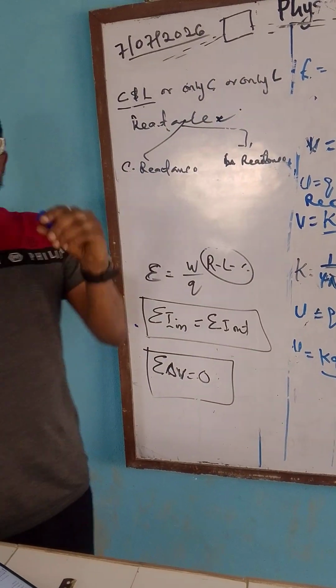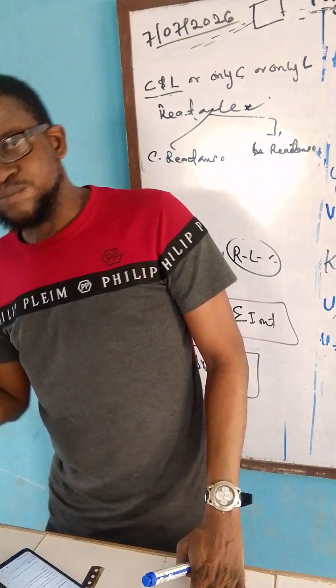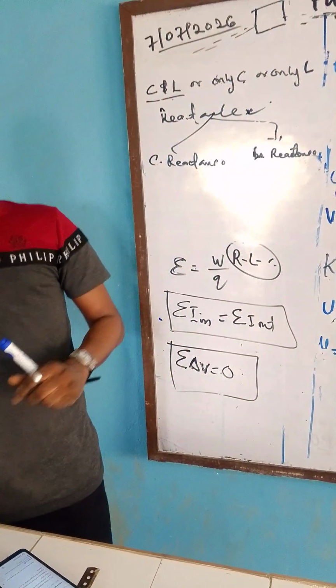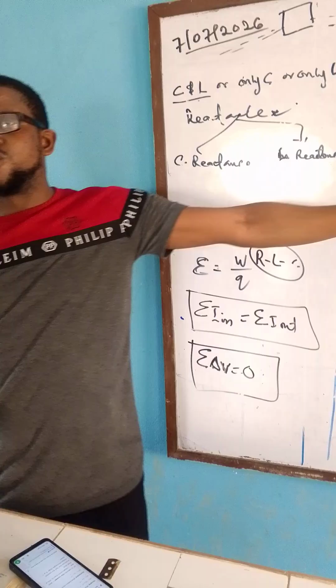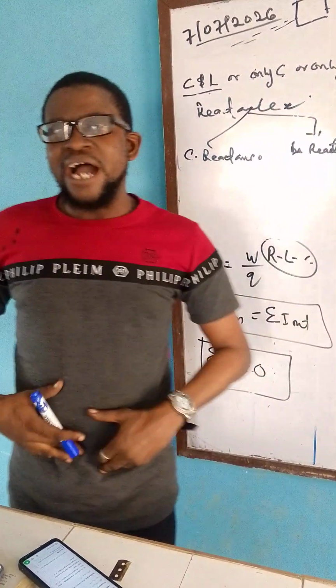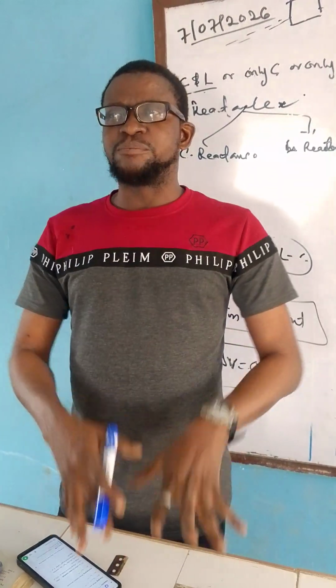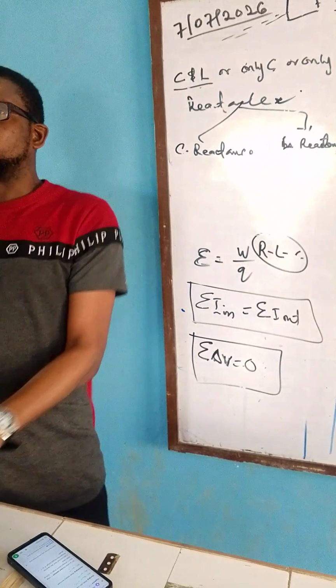Now, in DC the resistor is the one that does the work of regulation, but in an AC circuit, the three of them do the work of regulation. That's the difference between DC and AC. A normal capacitor stores charge. An inductor produces electricity by bringing two conductors very close.